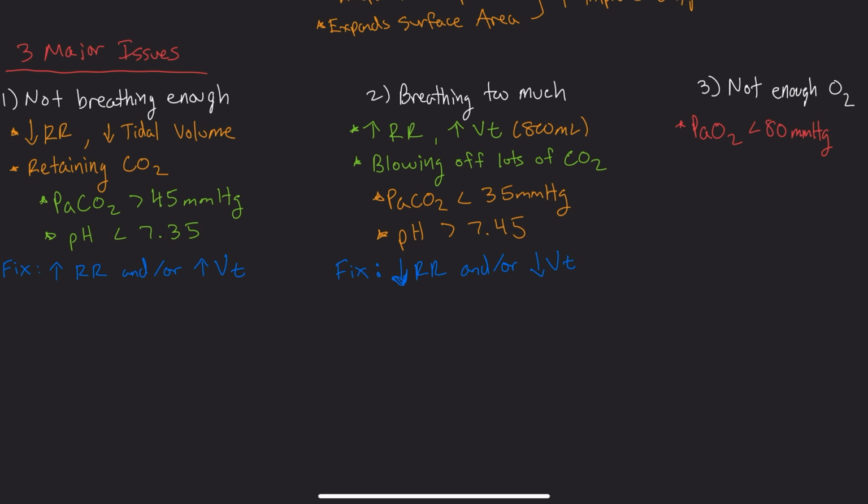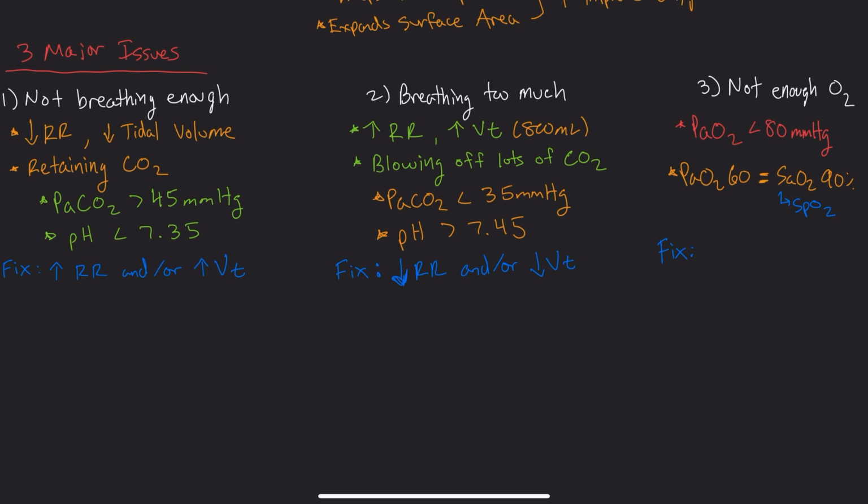And just a good side note here, a PaO2 of 60 is typically equivalent to an SaO2 of about 90%. You can think of it as SpO2 if it's easier for you to think of it that way. So a PaO2 of 60 is equal to a SaO2 of 90%. So if we have a patient that has a decreased PaO2 and a decreased SaO2, then we need to improve their oxygenation, right?